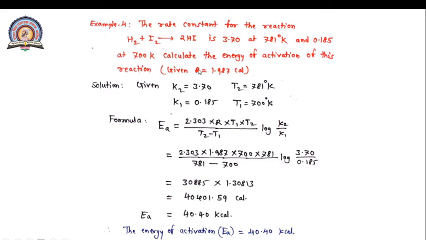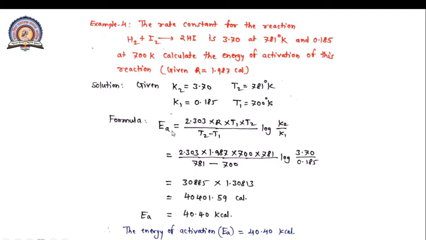The given value of R is 1.987 calories. Now here, solution: the given values, K2 is 3.70, this is the rate constant, at temperature T2 781 Kelvin. Then K1, the rate constant, is equal to 0.185 at temperature T1 700 Kelvin.